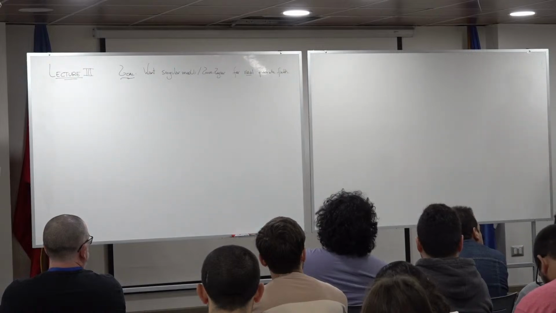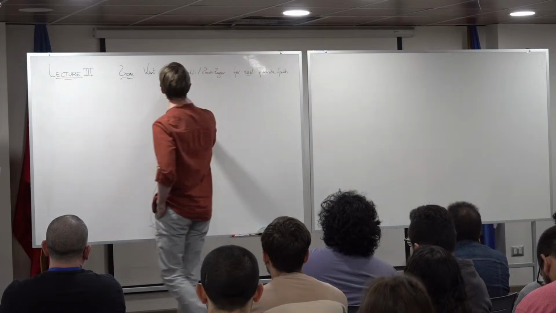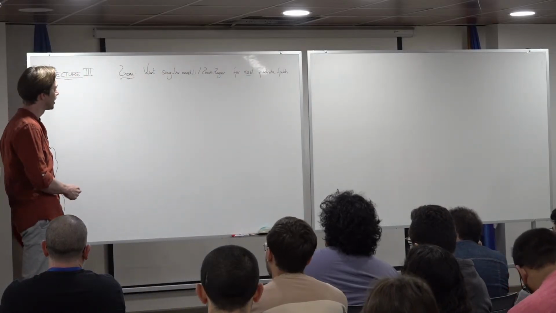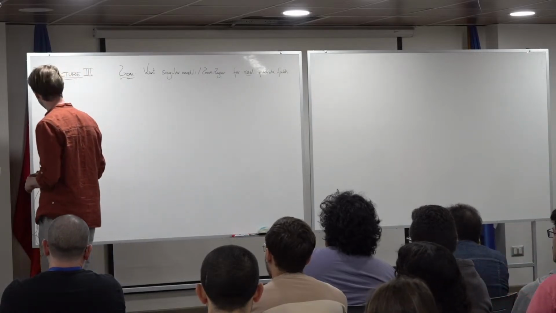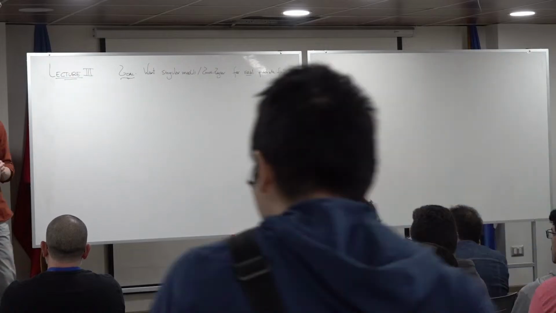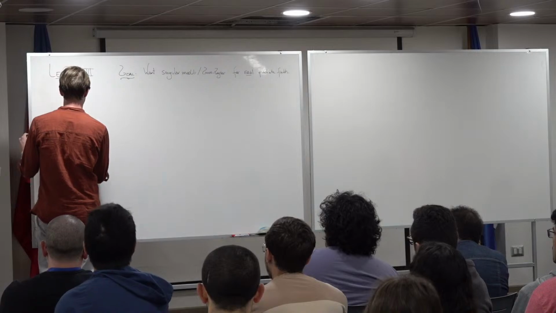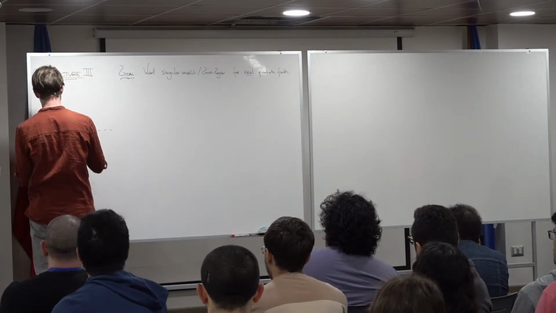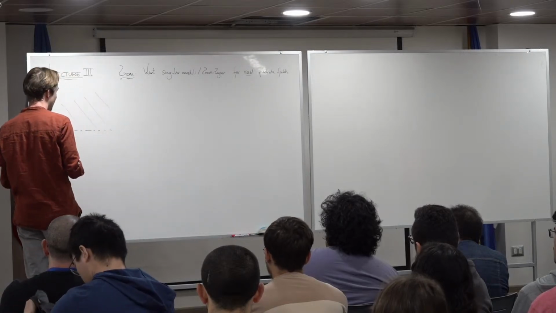So remember that our goal was to transpose as much as we could of the theory of singular moduli, so special values of the J function at CM points, but for real quadratic fields. And of course, if we approach this naively, we immediately see that we can't trust our J function anymore, because our J function has as its domain the upper half plane.